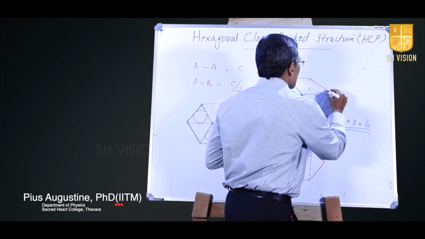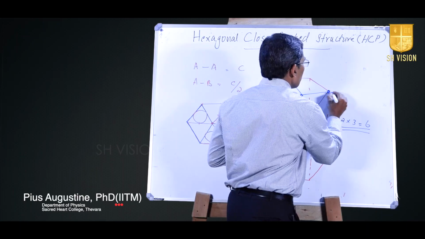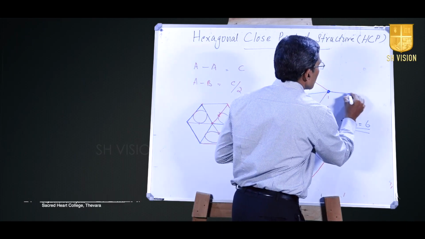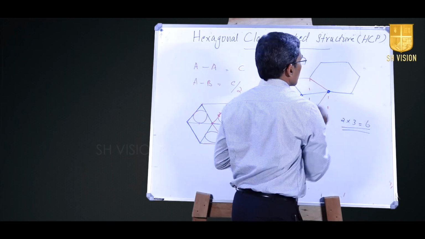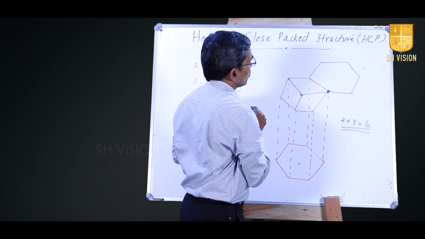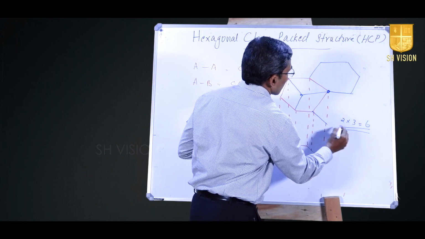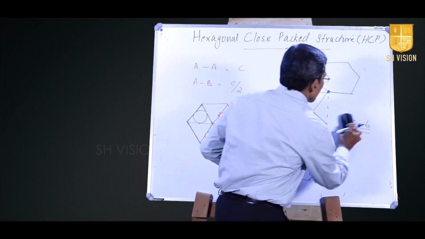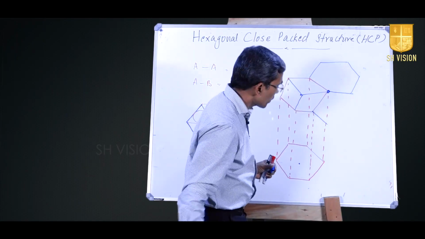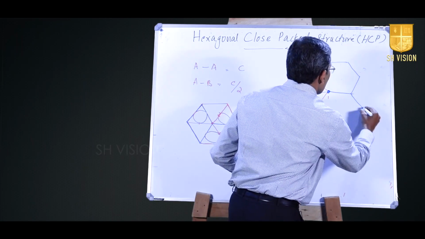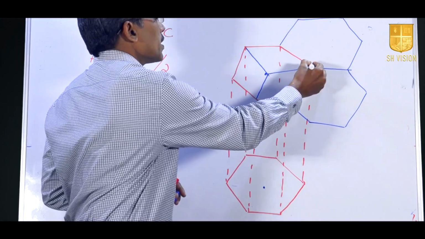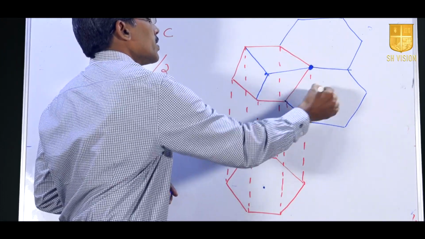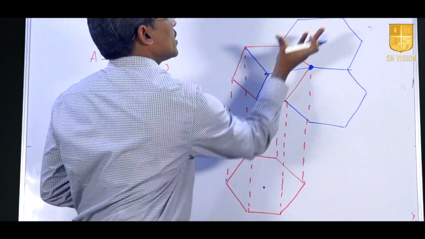If we take this particular point, there is another hexagonal close packed unit cell here, and another coming like this. That means one corner point, this particular atom, is shared among 3 downward and 3 upward.